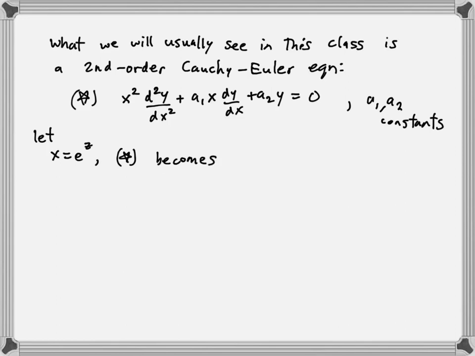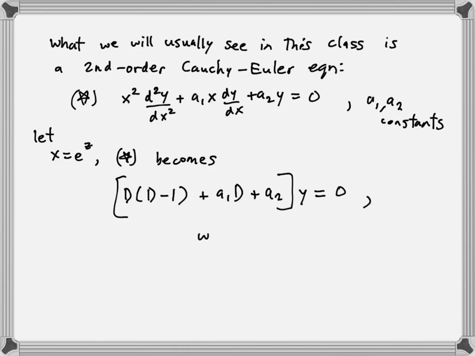The way that you read the theorem is first, you're going to have d times d minus 1, we have two of them, plus a1 d, and then plus a2, all of that of y is equal to 0. Don't forget, d is not with respect to x, but it's with respect to z. So this is the small second order case that we're going to be seeing most of all. Okay? We're going to see this all the time.